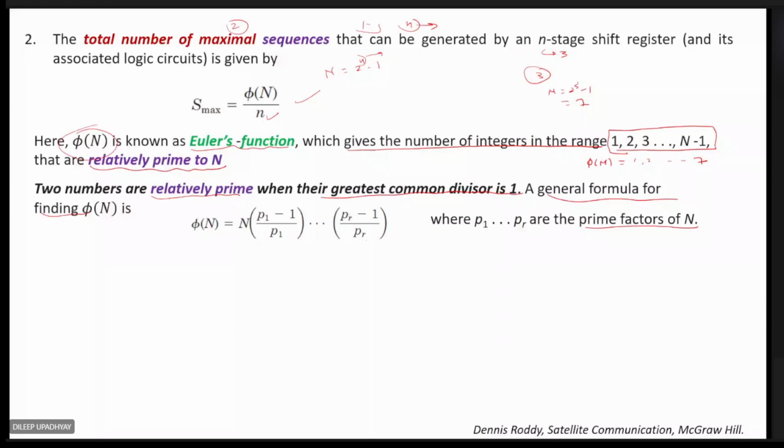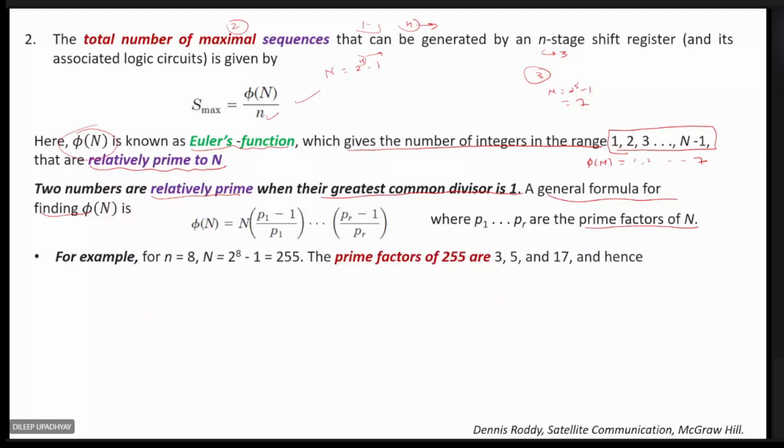For that, let us take an example. If we take n equals 8, that is, there are 8 flip-flops or shift registers, then capital N will be 2 to the power 8 minus 1, that is 255.